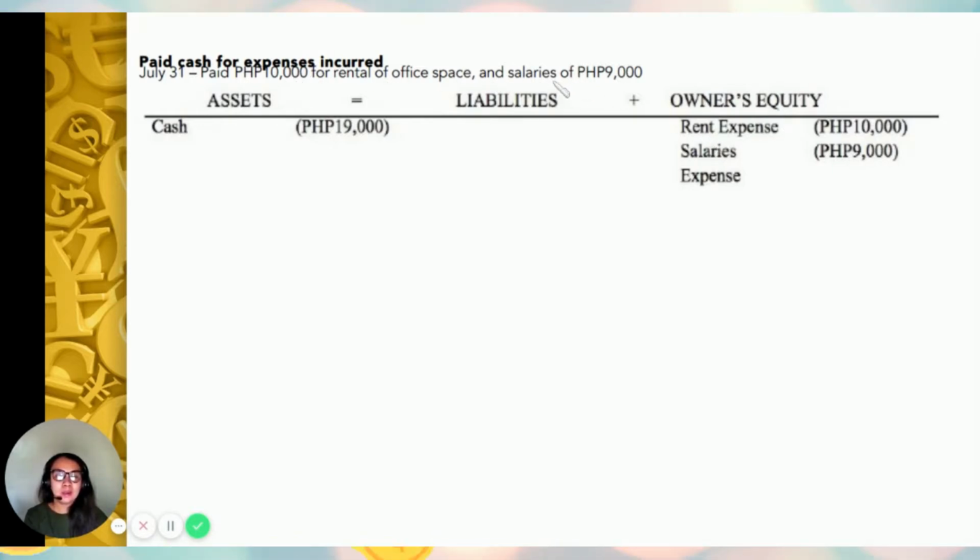And then we paid 9,000 for salaries, that's salaries expense. So these are in parentheses again because expenses are deductions from the owner's equity account. So we have a decrease in assets for 19,000. And on the other side, we also have a decrease in owner's equity for 19,000. It's balanced.